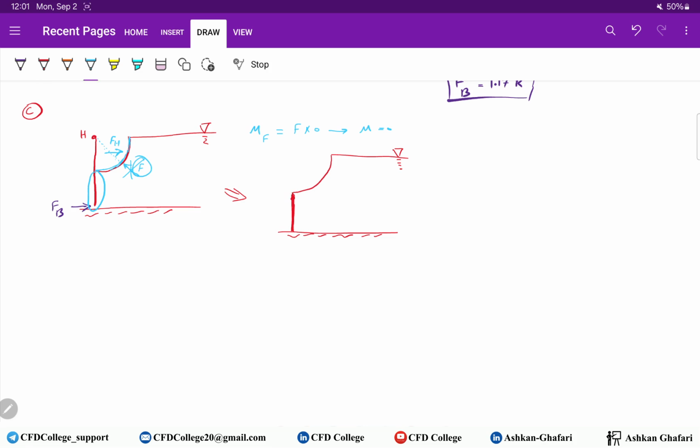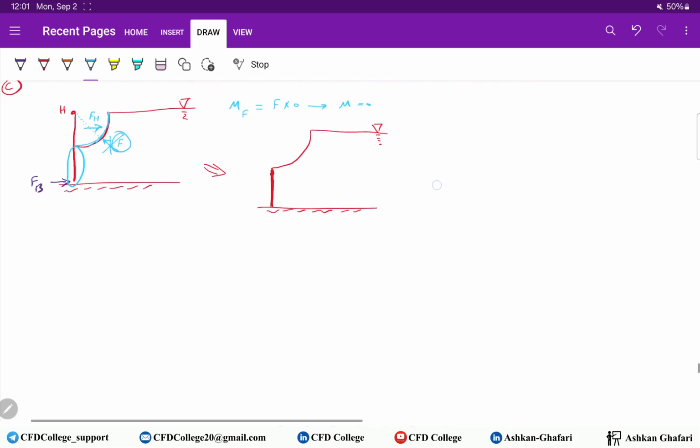So as I mentioned before, place the y-axis at the intersection of the gate and the free surface.